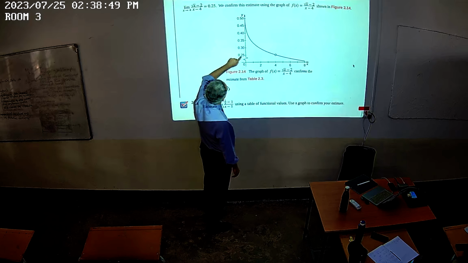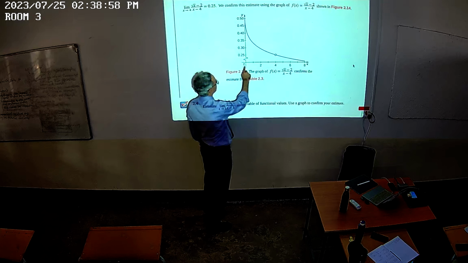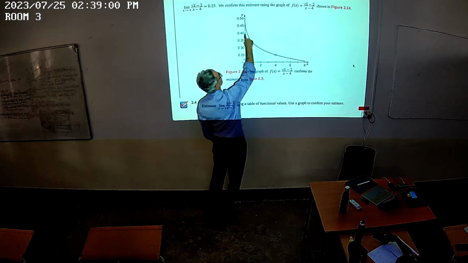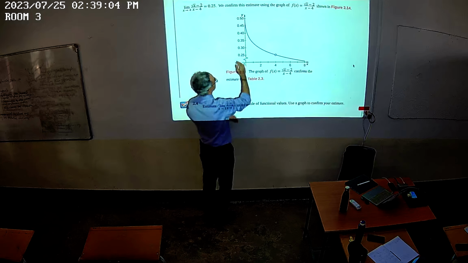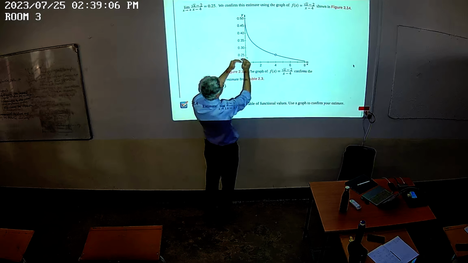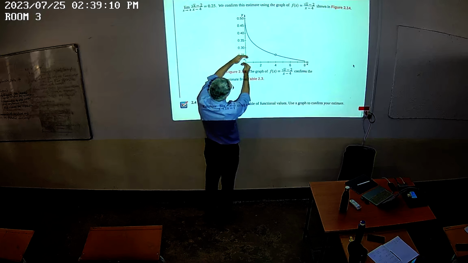But here we have 0.25 and 3, so it's going up differently. If I did 0.05 from 0, I would have lots of room and 0.25 would be up here. So I want to show you the upper part of the graph. I want to hide this part between 0 and 0.25.